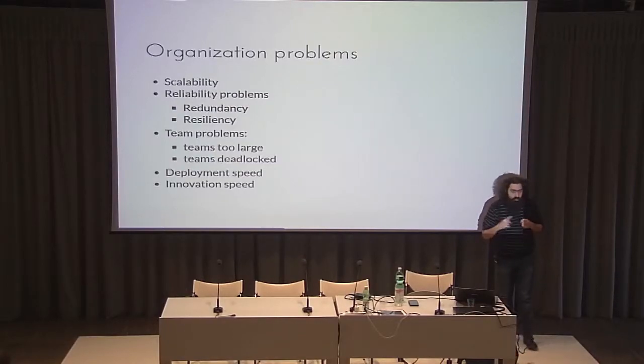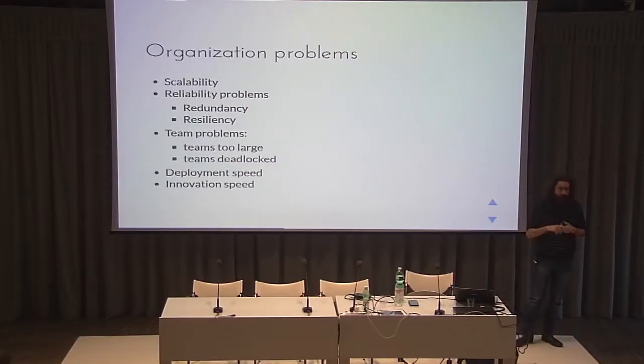As I showed you before, it's easier and more efficient to scale a single service independently from the other ones, instead of trying to scale all the monolithic application. And I'm creating with microservices a structure that is more reliable.